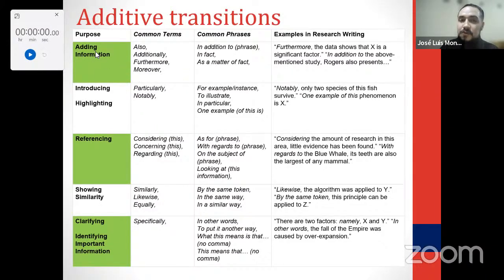But the most important ones were adding information, with also, additionally, furthermore, moreover, in addition, as a matter of fact; referencing, considering this, concerning that problem, regarding this situation, as for that, with regards to that problem, on the subject of, and looking at, when you want to mention something that you mentioned before, or when you want to return to something; and clarifying or identifying important information, especially, in other words, to put another way. So we already practiced with those.